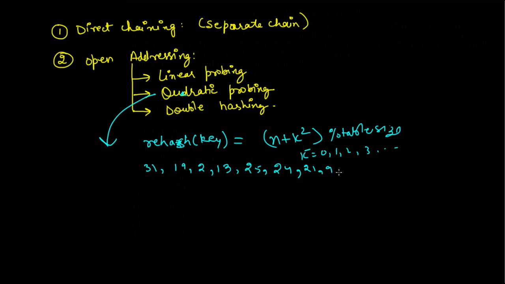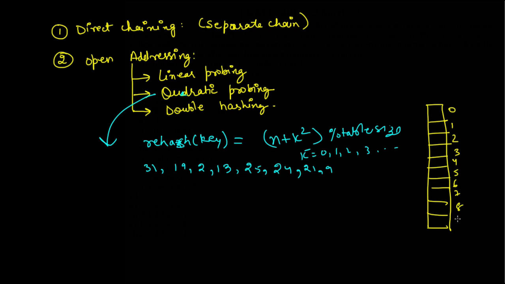Let's say the size of the hash table is 11, so we have this table with 11 index locations: 0, 1, 2, 3, 4, 5, 6, 7, 8, 9, 10. The first number is 31. We do 31 mod 11, so we get the location 9. We store 31 at location 9.